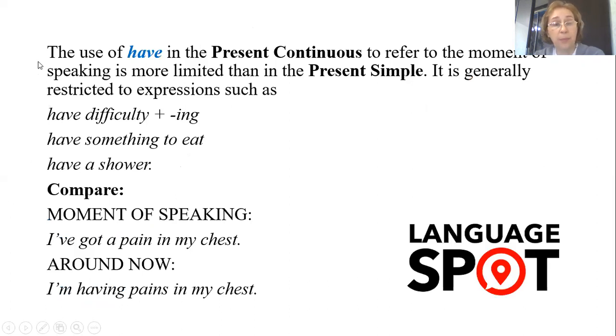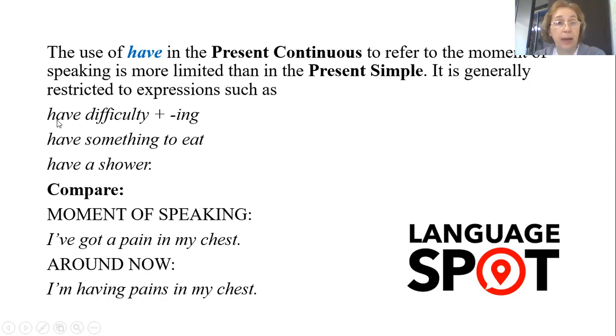So, for example, the use of the verb have in the present continuous to refer to the moment of speaking is more limited than in the present simple. It means it is generally restricted to expressions such as have difficulty.